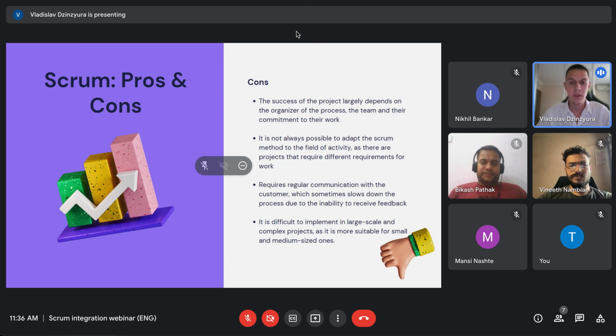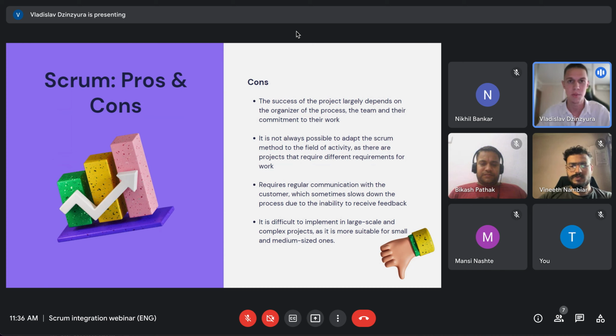The second one is that it's not always possible to adapt the Scrum method to the field of activity, as there are projects that have different requirements for the work. In different projects, it's really not possible to adapt Scrum at all.